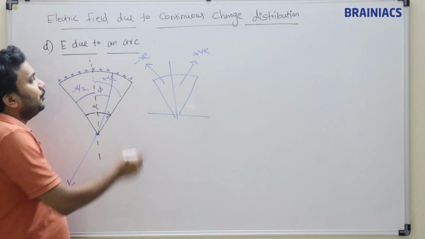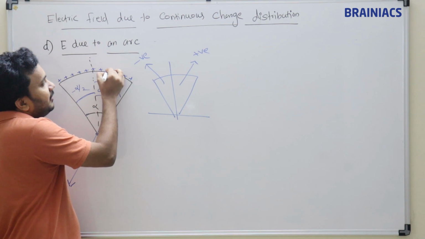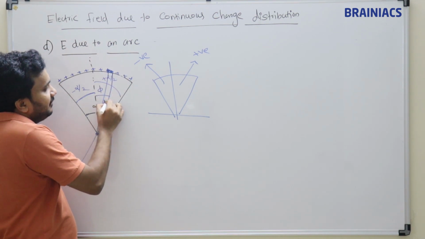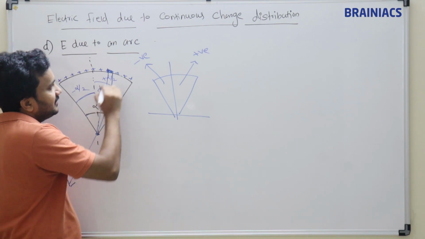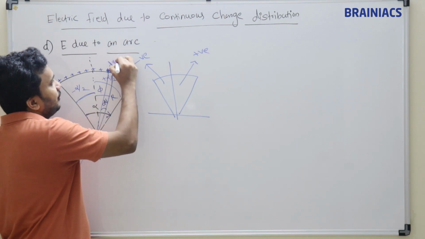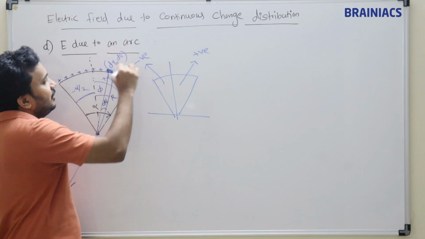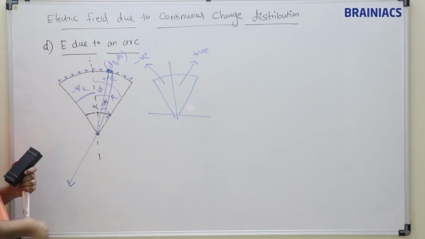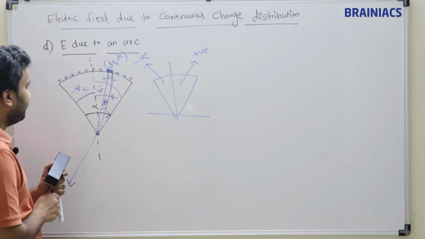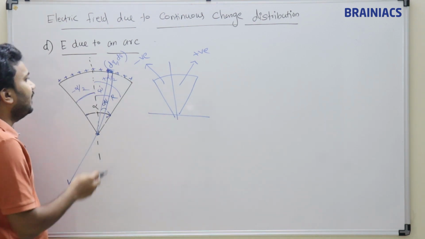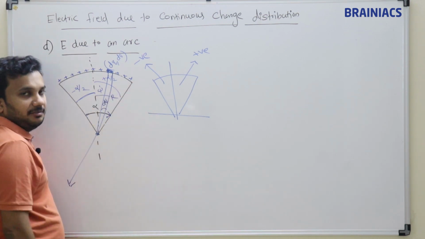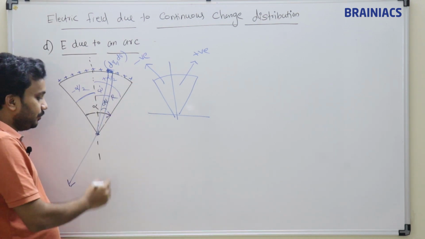As we normally do, we take a small segment here. The small segment has an angle of dφ, the radius is r, the charge is dq and the length is dl. This angle is φ, and this is dφ, and the total angle ranges from minus alpha by 2 to plus alpha by 2.